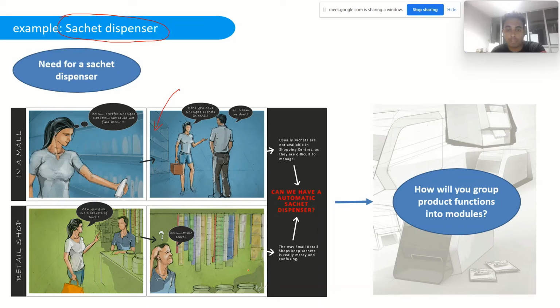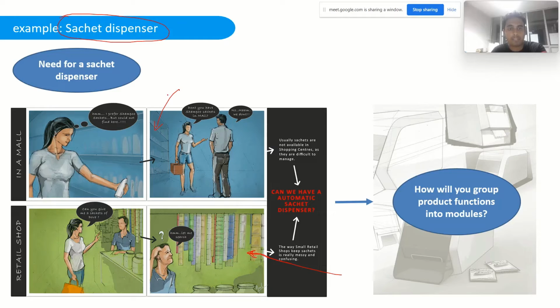If you go to small grocery shops you get those, but they are available in a very unmanageable way, because different companies produce these sachets, and there is no standard way of storing them. They come in different shapes and sizes.